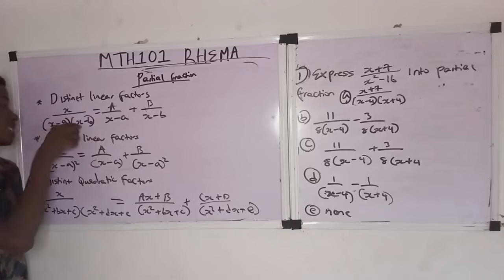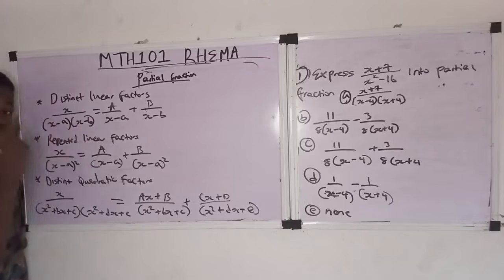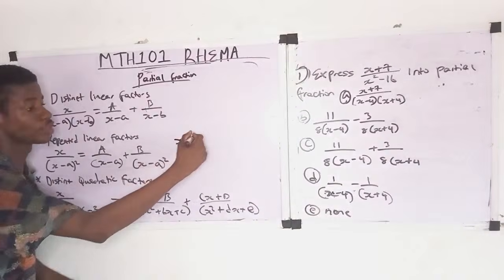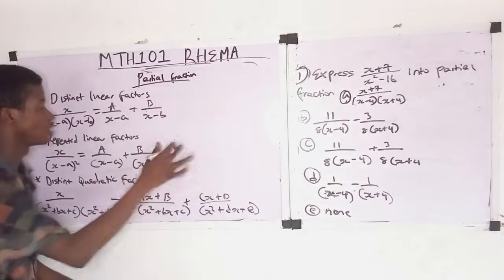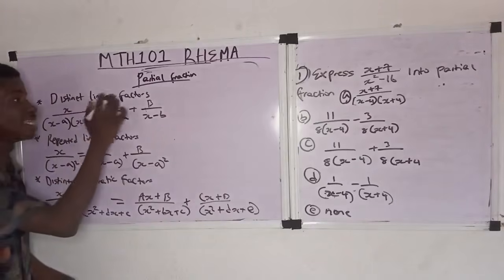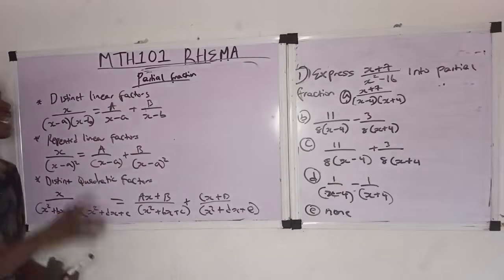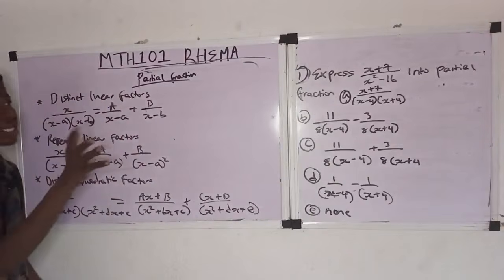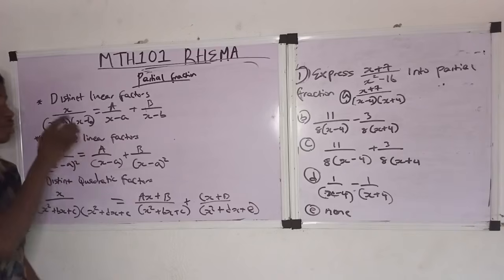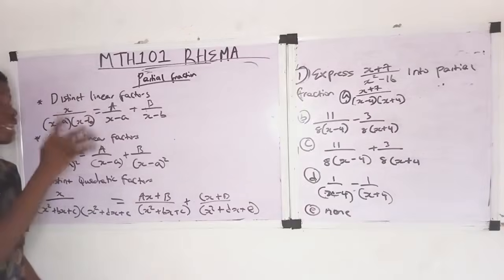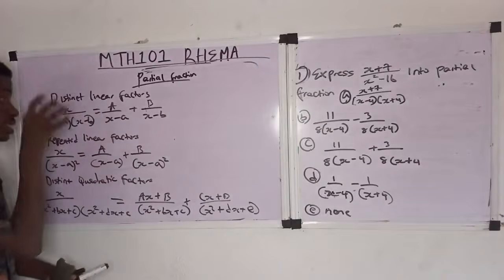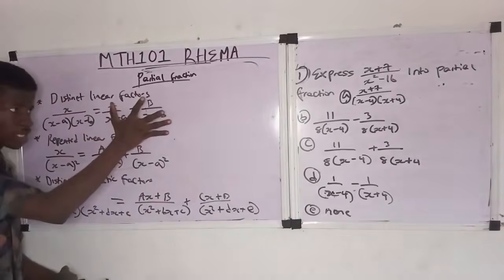It's when the highest power of s is 1, that is, s is not s square. I don't know if you understand. So when the highest power of s is 1, this is a distinct linear factor. When you see a fraction like this, it is usually broken down into this form.